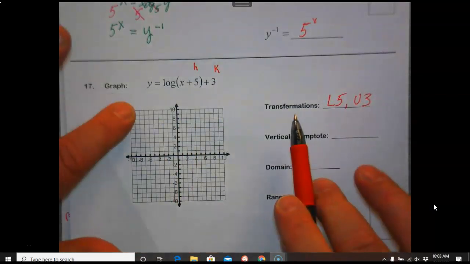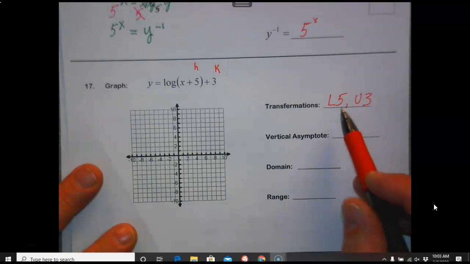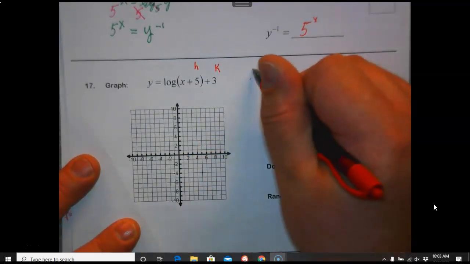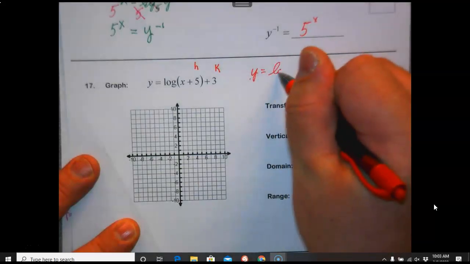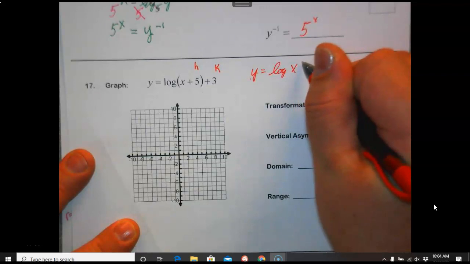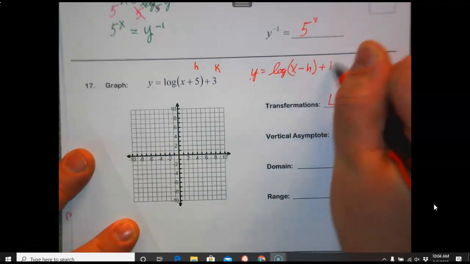Now, for log functions, you can do this on your calculators and have at it. I think it's easier to do without the calculator. Remember the parent function y equals log of x, and then there's a minus h and a plus k.